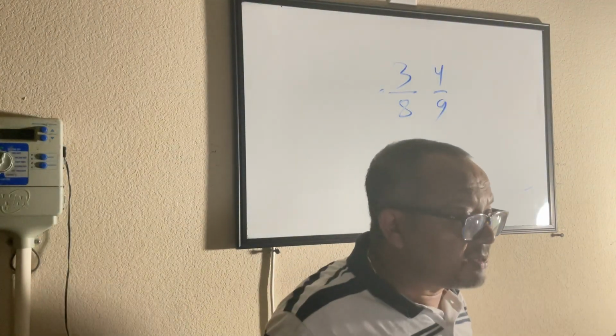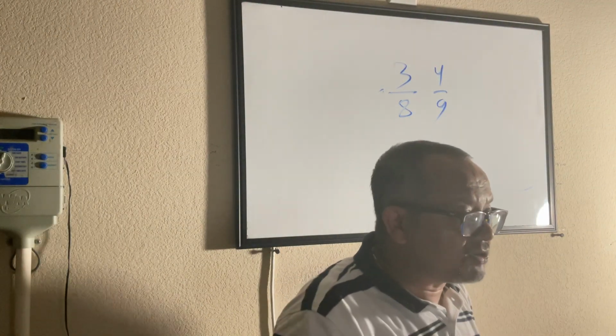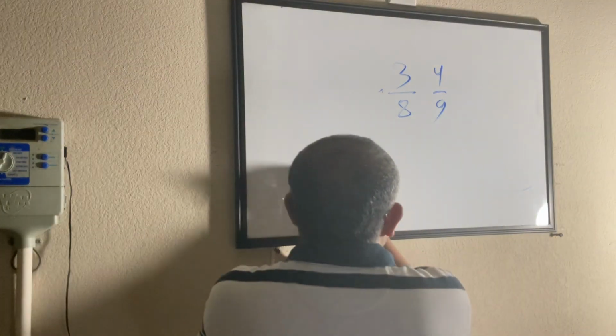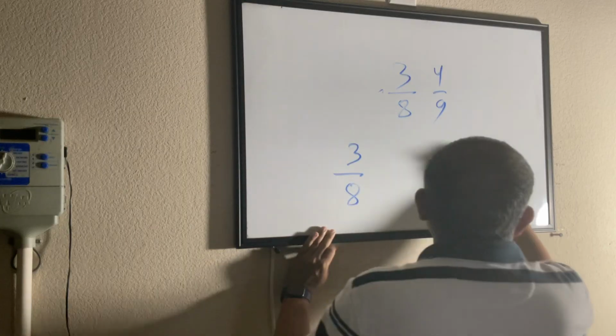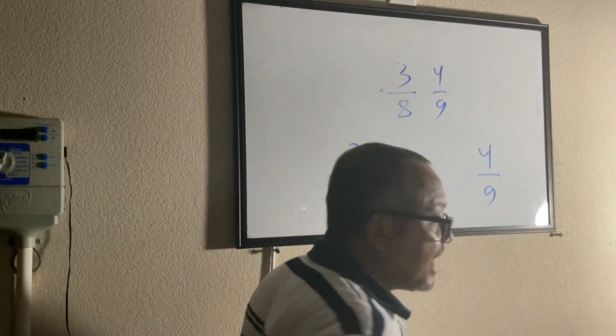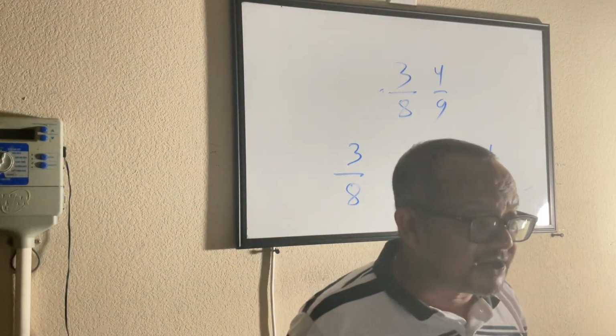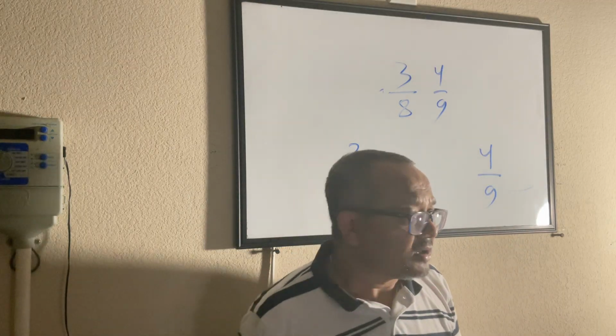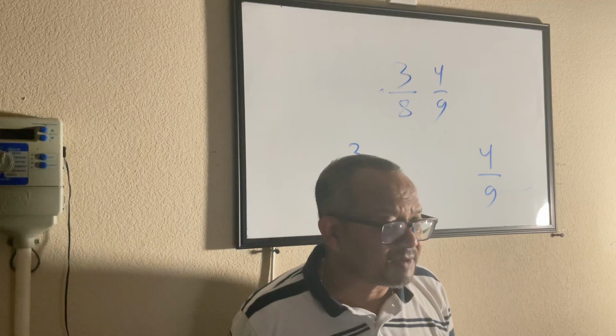Don't worry about the numerator, okay? Only worry about the denominator. So you have 3 over 8 and you have 4 over 9. I want to find out an equivalent fraction. And now some of you must be thinking, yeah, we learned about equivalent fraction but we forgot.